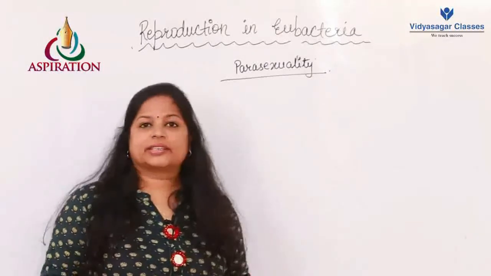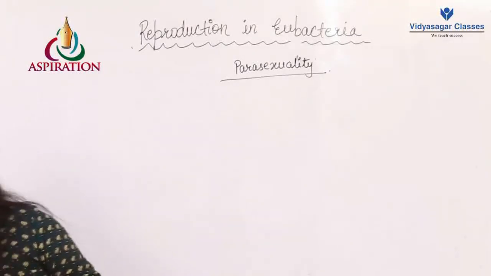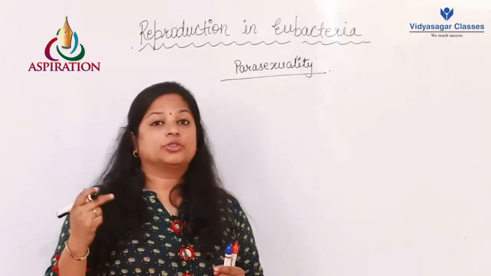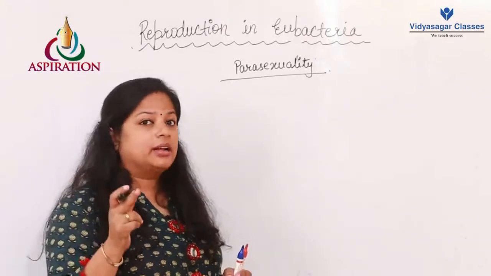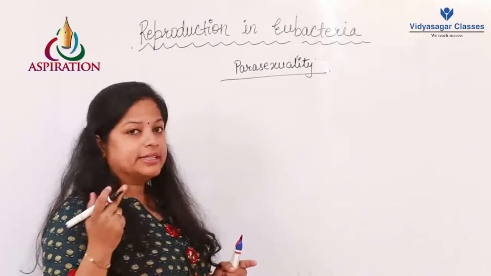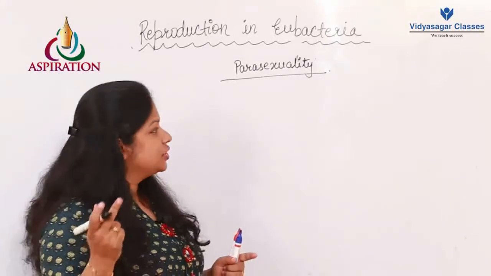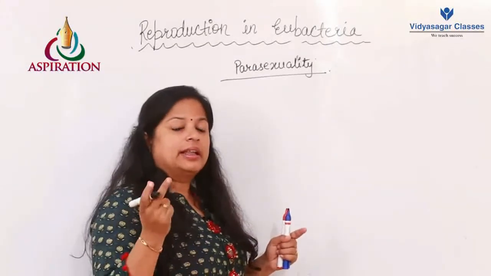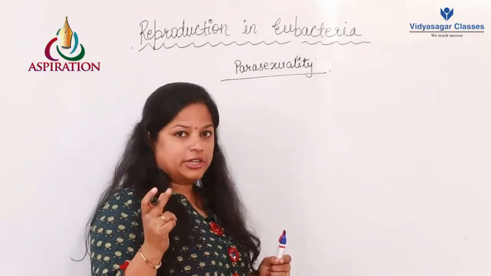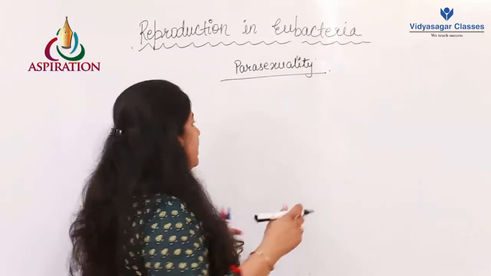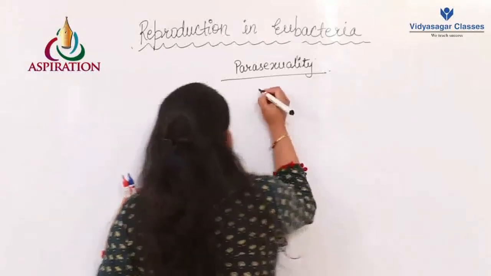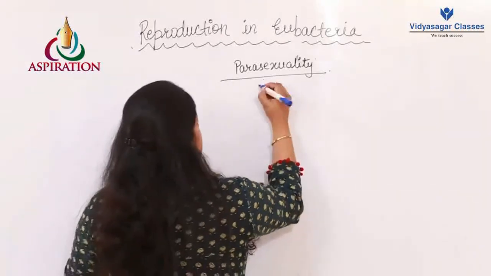As we have discussed earlier, there is no gamete formation, there is no fertilization, but genetic recombination is present, which is through some special methods like transformation, conjugation and transduction. Let's start with transformation.